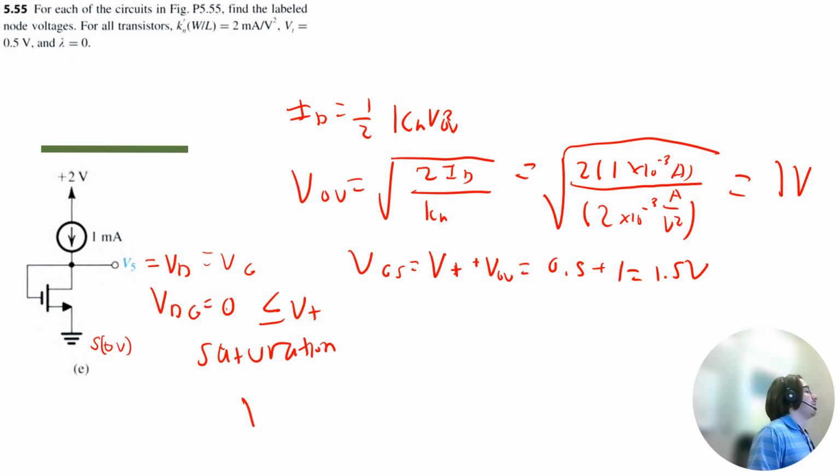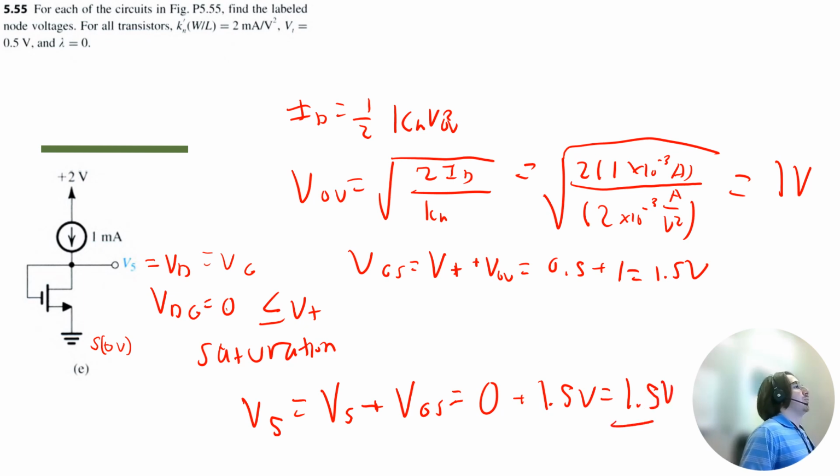And then we can calculate V5 being the voltage at the source plus the drop across the gate to source. So that's equal to 0 plus 1.5 volts. So we get that V5 is equal to 1.5 volts. All right, let's move on to the next circuit.